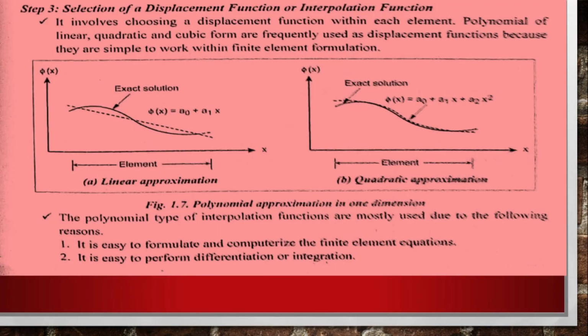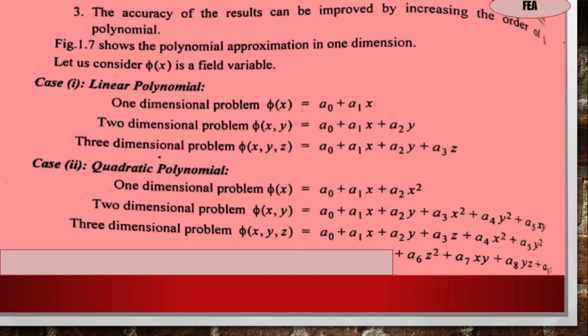Polynomials of linear, quadratic and cubic forms are frequently used as displacement functions because they are simple to work with in finite element formulation. The mostly used polynomial type of interpolation functions are easy to formulate and compute with the finite element equations, and it is easy to perform differentiation or integration, and the accuracy of results can be improved by increasing the order of the polynomial.